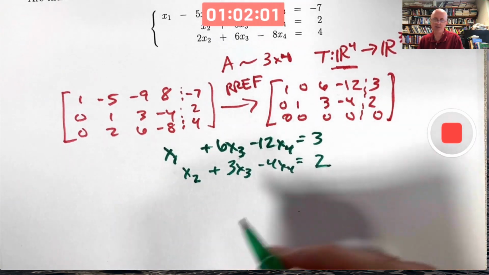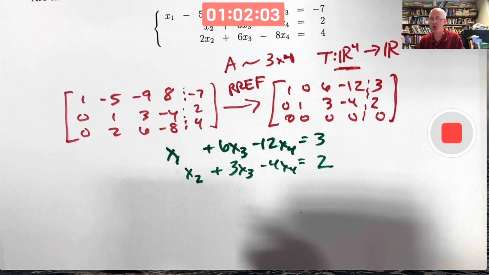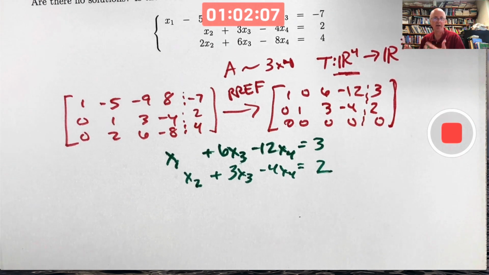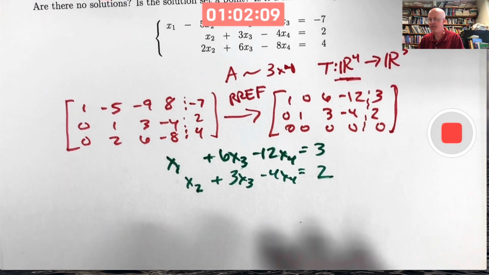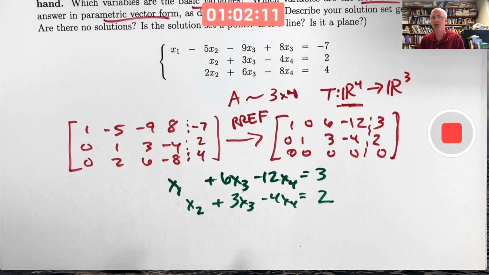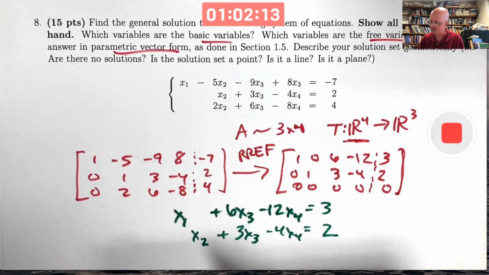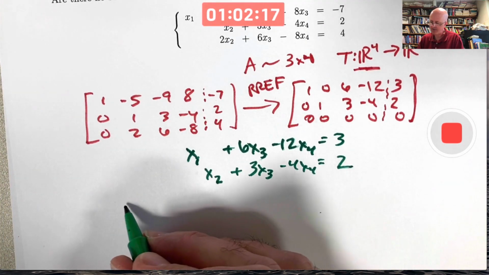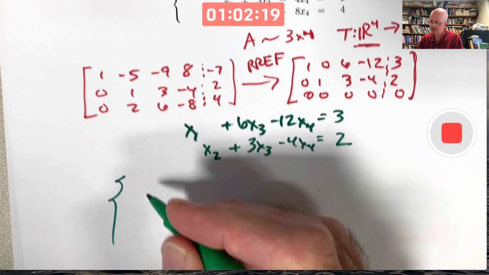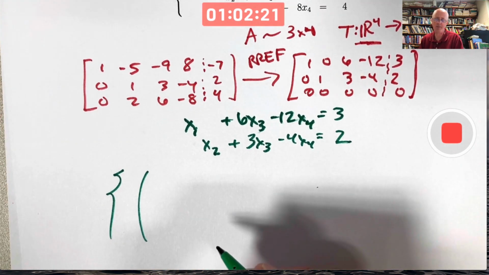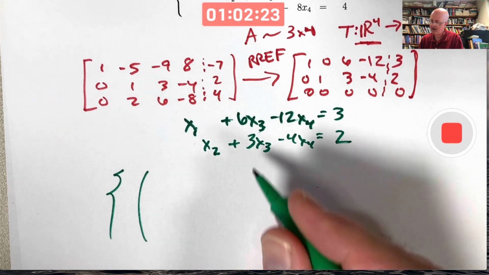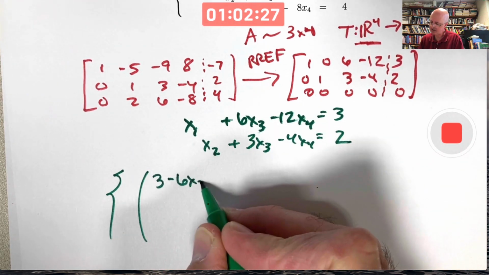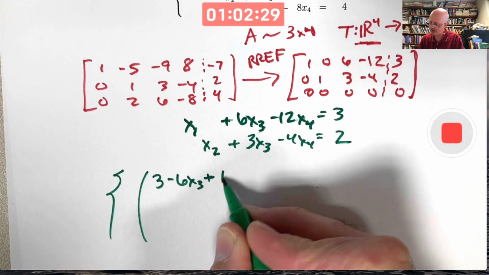So we want to solve for x1 and x2 in terms of x3 and x4. x3 and x4 are going to be the free variables. They are varying freely. But once we've chosen them, x1 and x2 are determined. We call those basic variables. So let me just jump right away to the parametric vector form. These are going to be 4-dimensional vectors. x1 is 3 minus 6x3 plus 12x4.